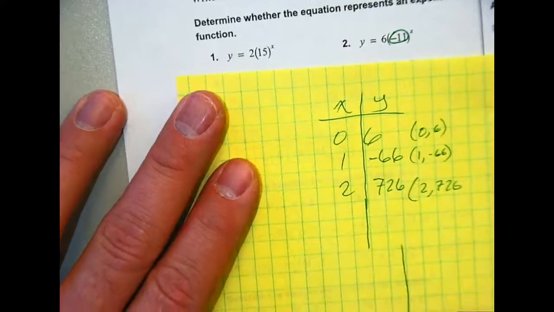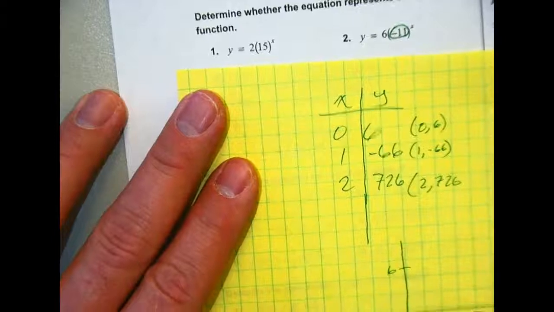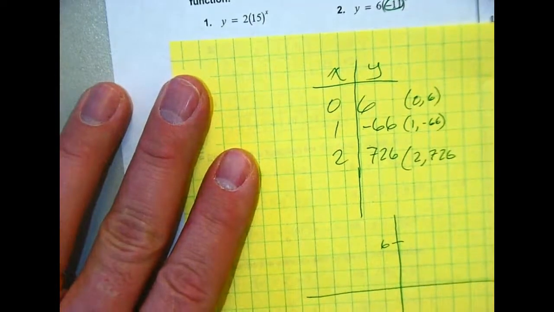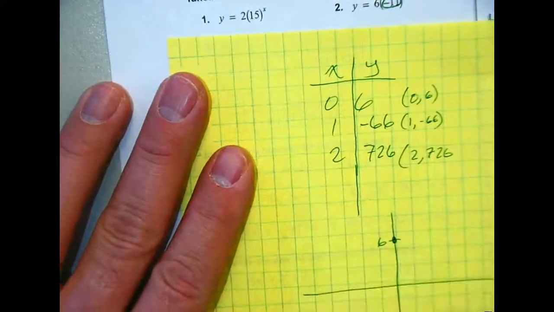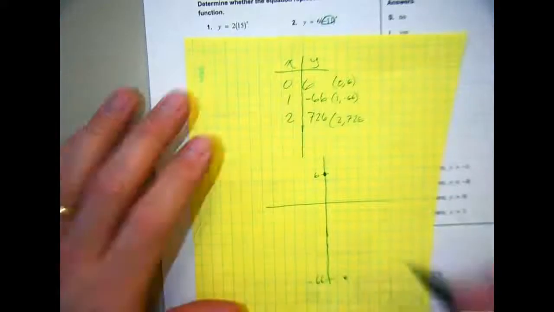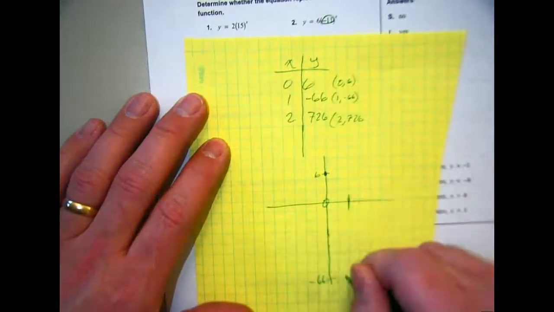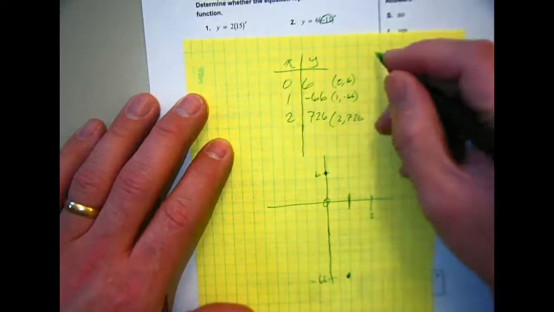This graph is going crazy, right? We're at 0, 6, somewhere up here, and then we're way down here at 1, negative 66, obviously not to scale, I'm just trying to make a point. And now all of a sudden when we get to 2, it's way up here, off the page.